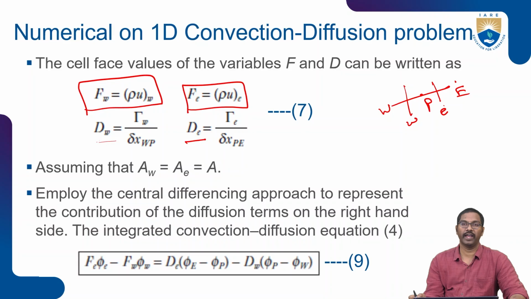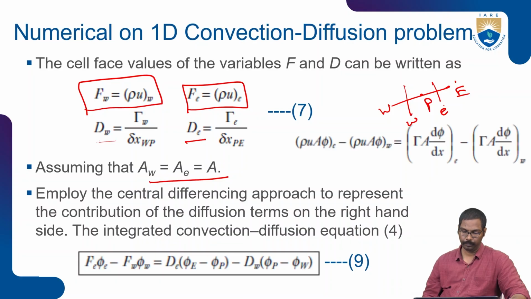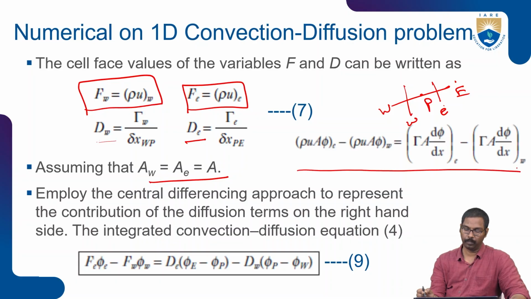So since it is a one-dimensional domain, the area can be constant, considering AW = AE = capital A. And applying the central differencing scheme, the equations can be reframed based upon the differencing approach we are using.